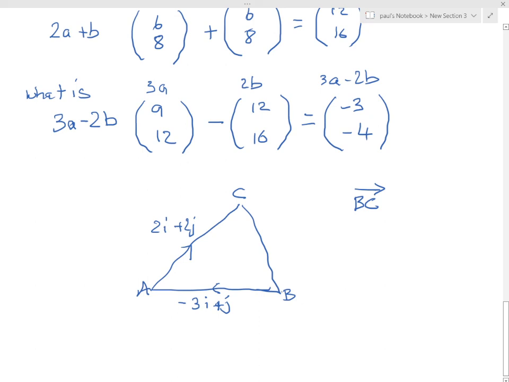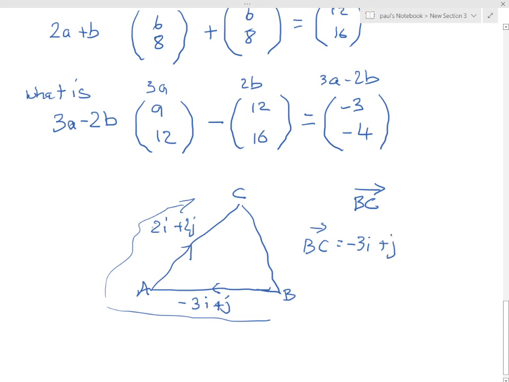Right, BC. So going from B to A, we're going to go all the way around that way, yeah? So first of all, the vector BC is going to be minus 3i plus j.